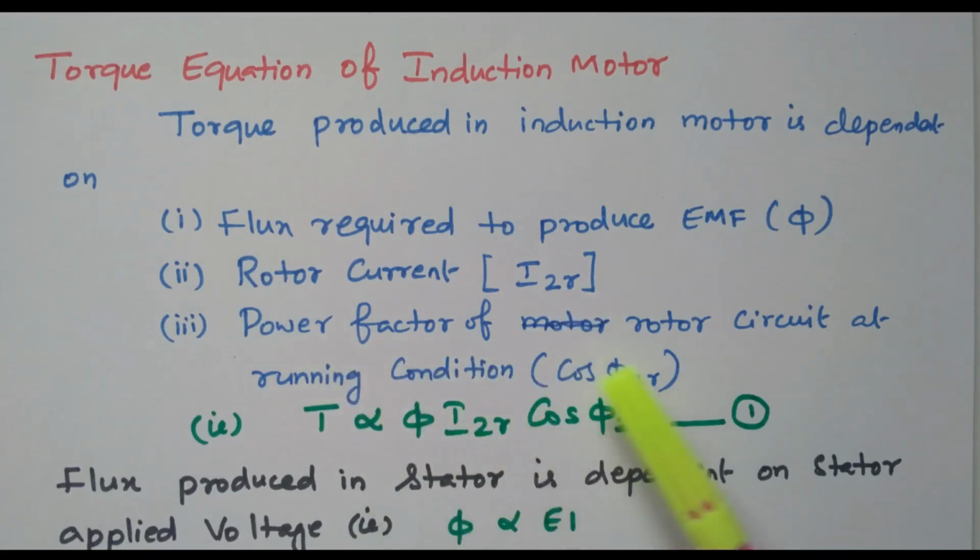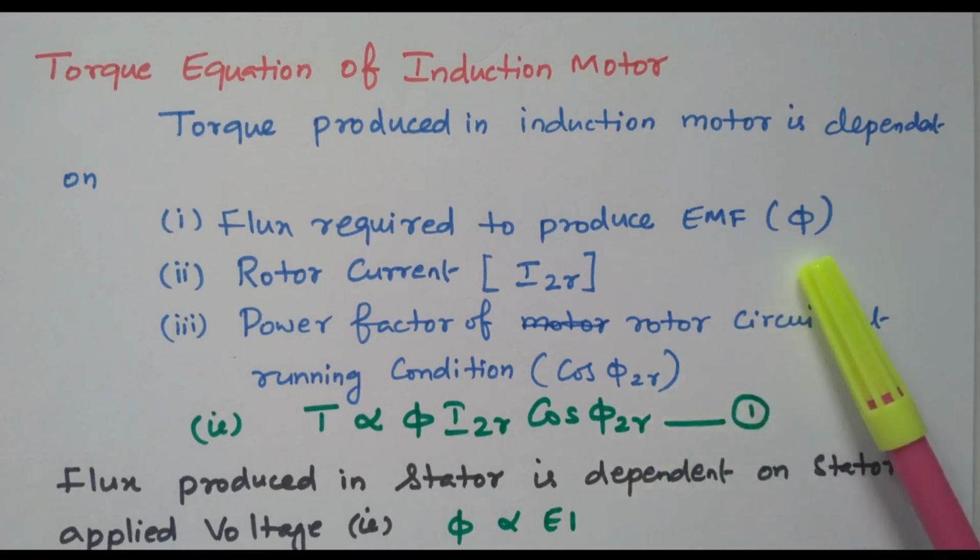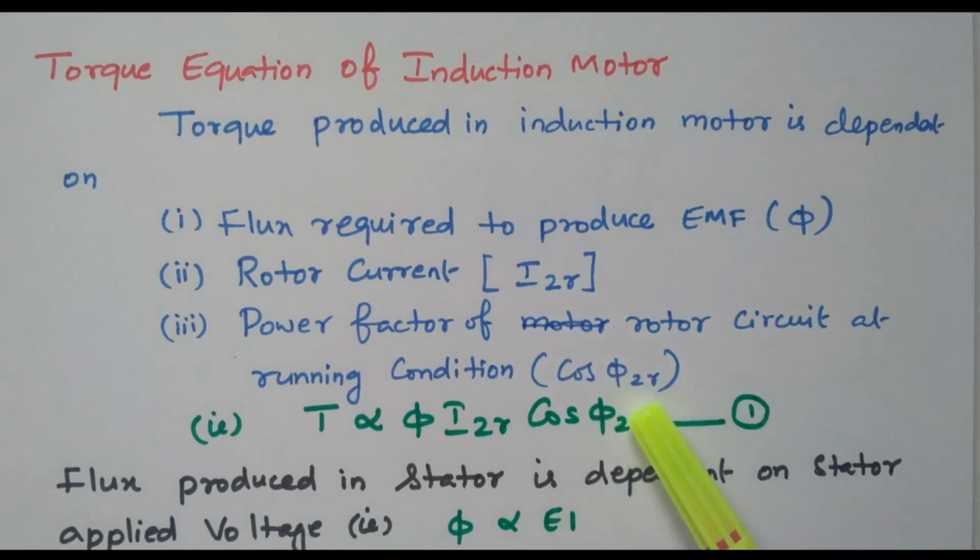Then the power factor of the rotor circuit at running condition, that is cos phi 2R, where 2R refers to the rotor. So this torque depends upon the flux, the rotor current, and the power factor of the rotor circuit under running condition. By combining the three we can write it as torque is directly proportional to phi I2R cos phi 2R.